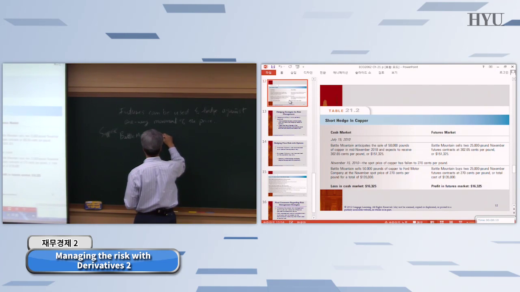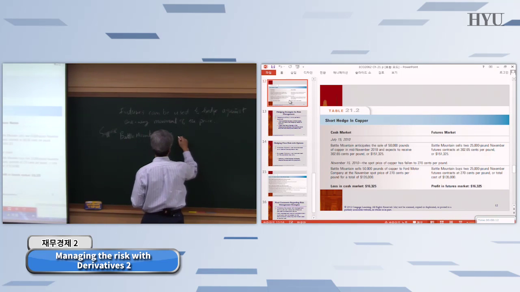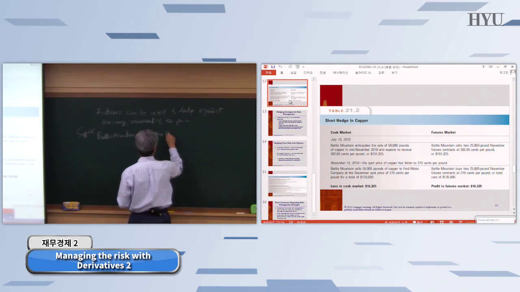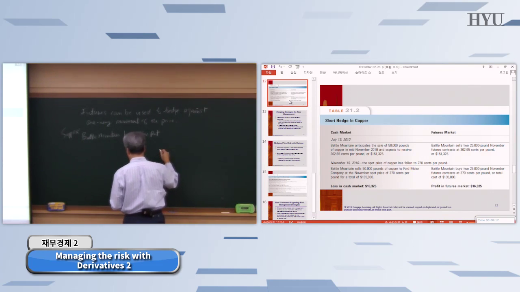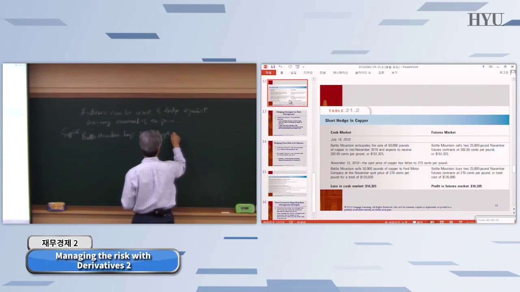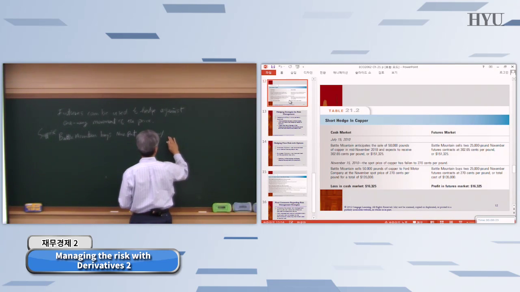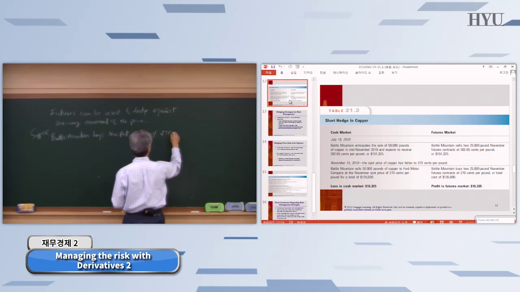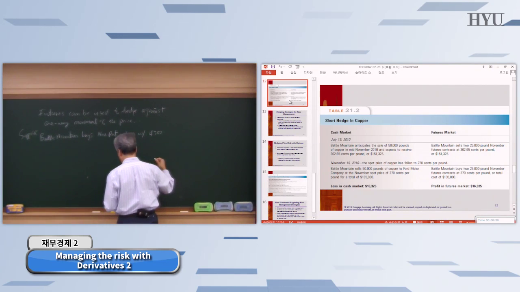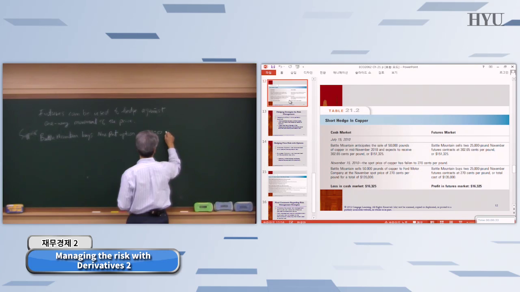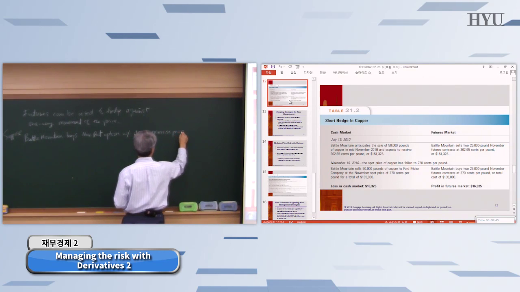Let's say Battle Mountain buys a November put option with 300 cents strike price or exercise price.